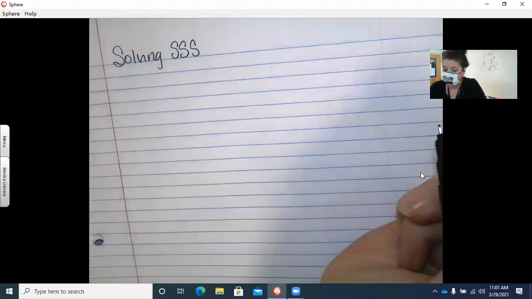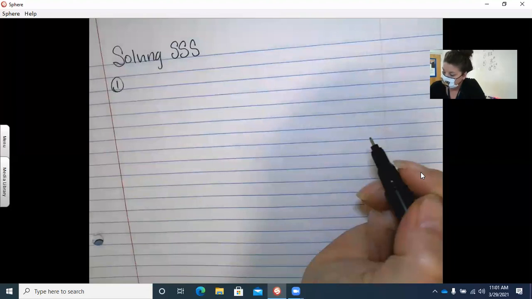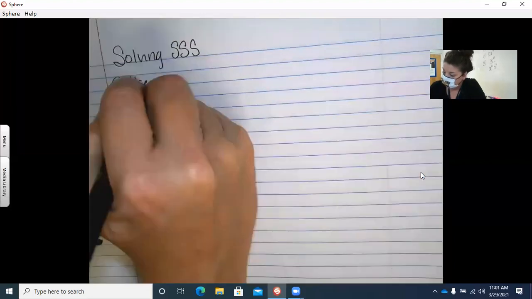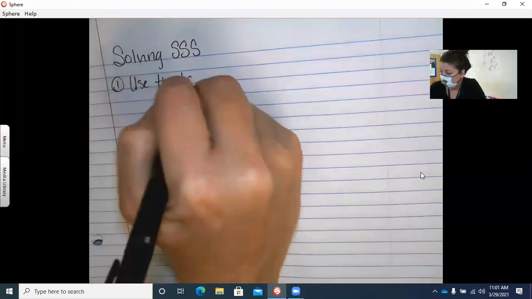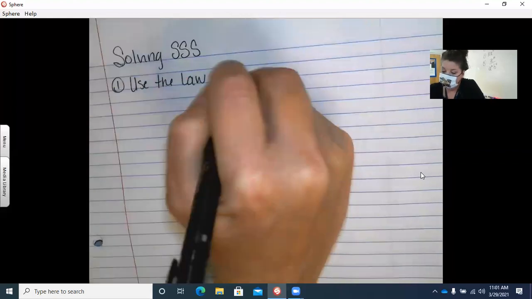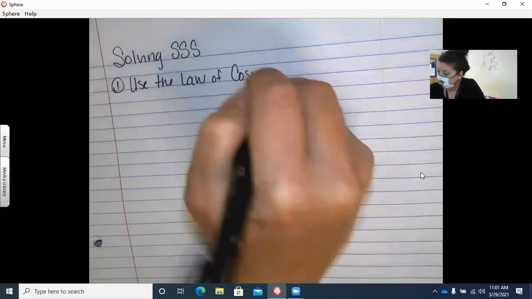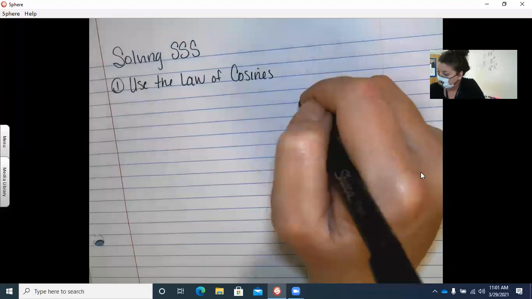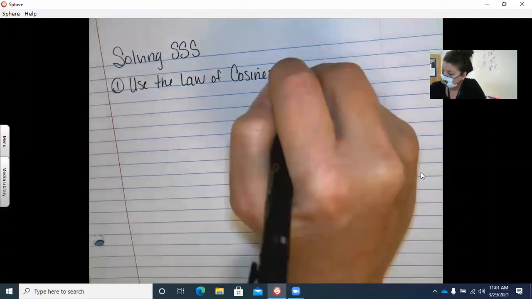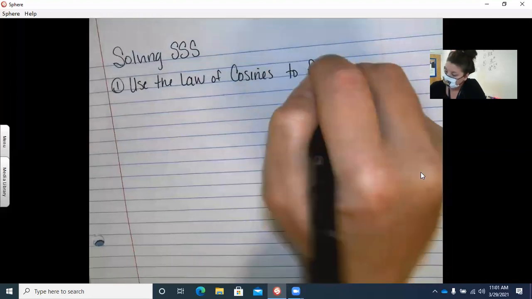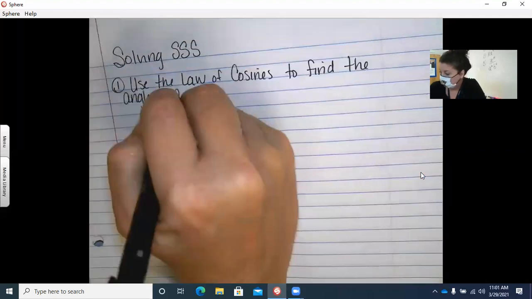Step 1, use the law of cosines to find the angle opposite the longest leg. Or longest side.